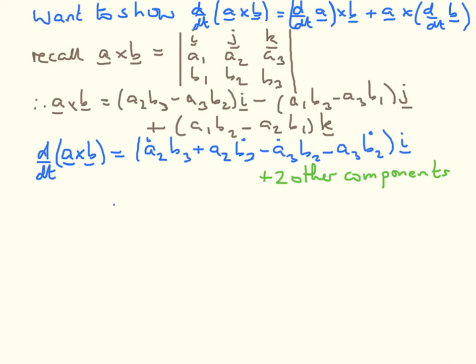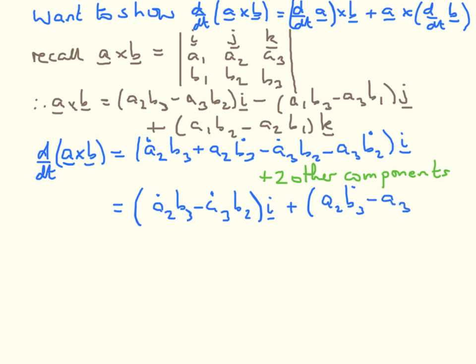So what we get is A2 differentiated B3 minus A3 differentiated B2 in the I direction, plus, open brackets, the other terms, A2 derivative of B3 minus A3 the derivative of B2 in the I direction as well.